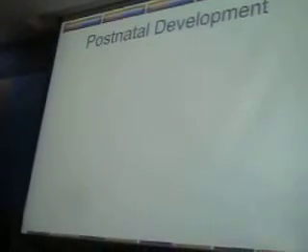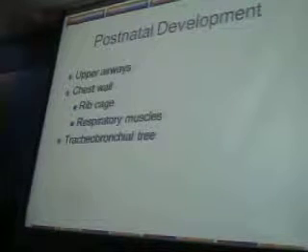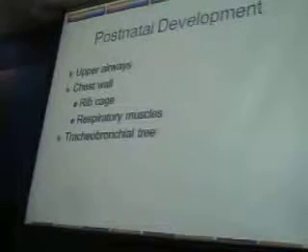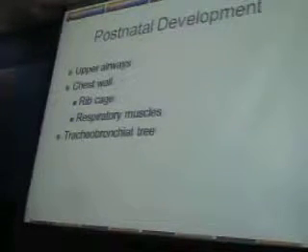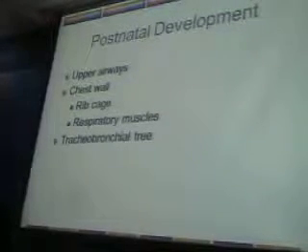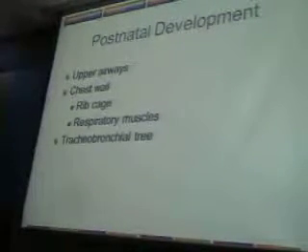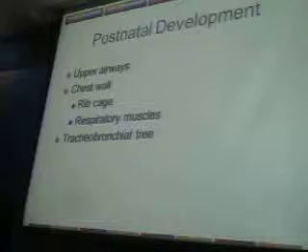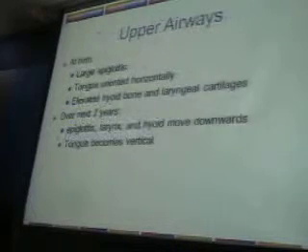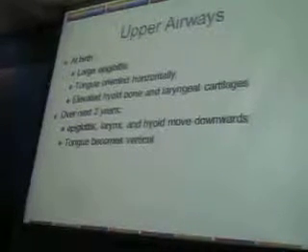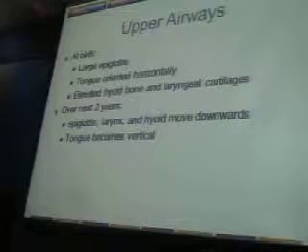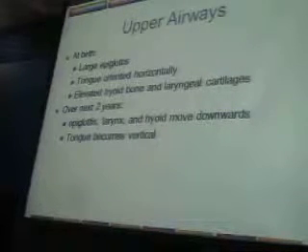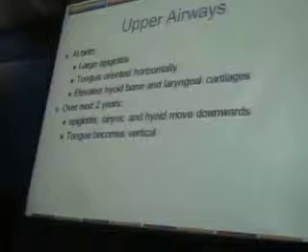Now, some things you should know at the postnatal development. Mabilis lang to, no? Which I will touch on the upper airways, chest wall, and the tracheobronchial tree. At birth, you're supposed to have a large epiglottis, and your tongue is oriented horizontally.